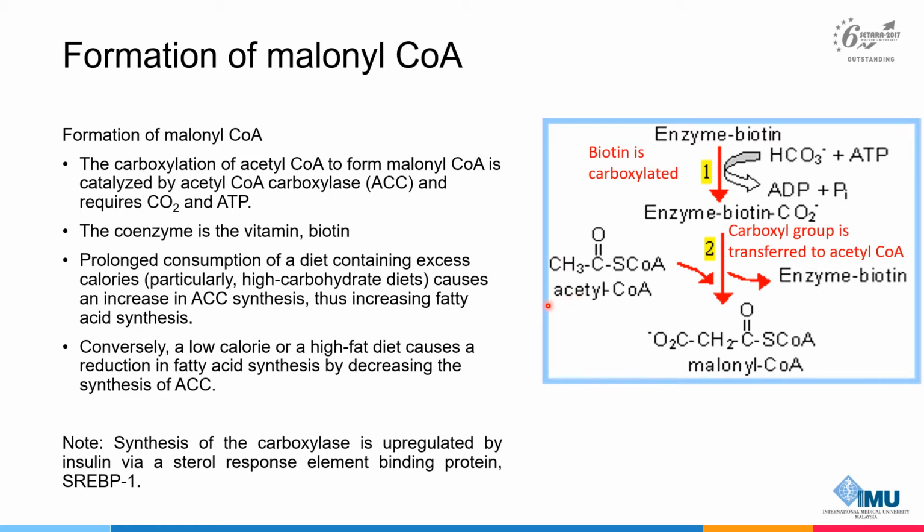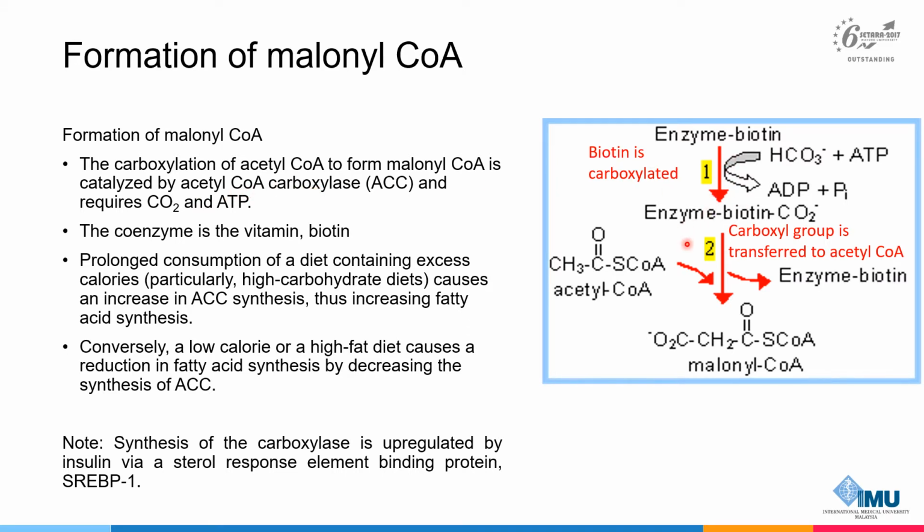So here you have acetyl-CoA, and to form methylmalonyl-CoA from acetyl-CoA, we need an enzyme known as acetyl-CoA carboxylase or ACC. So the role of this enzyme is to add the carboxyl group. So the name itself suggests its action, which is adding carboxyl group to acetyl-CoA.